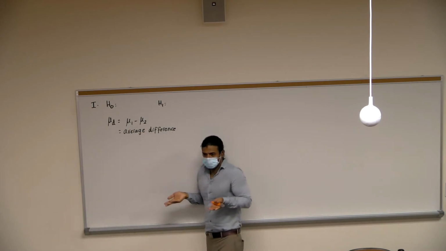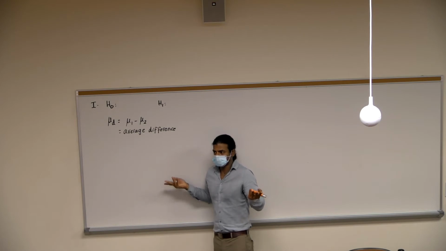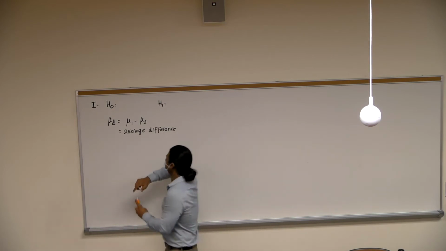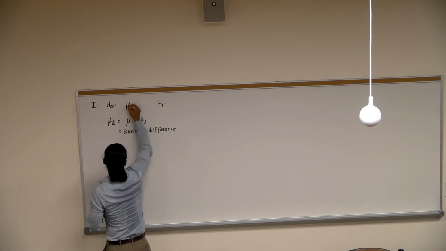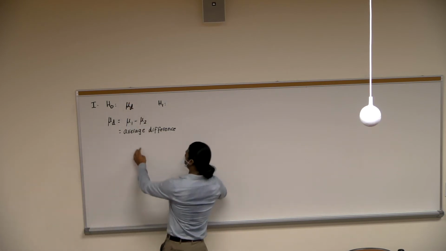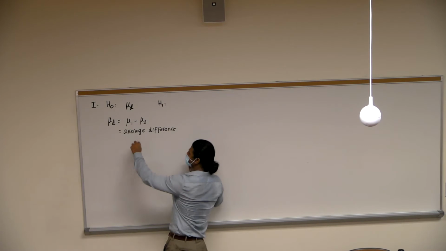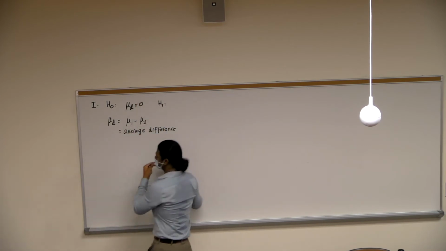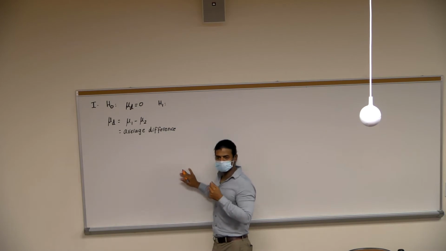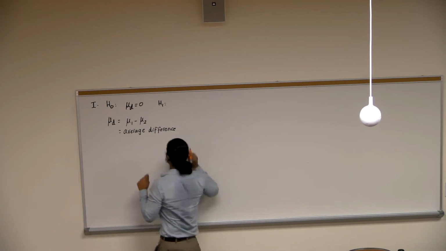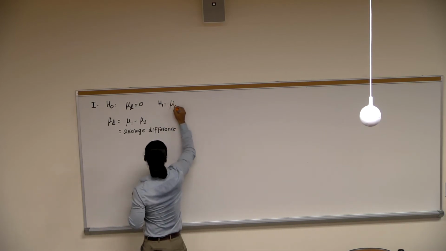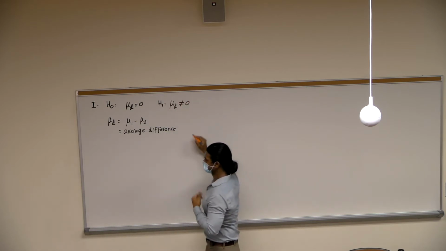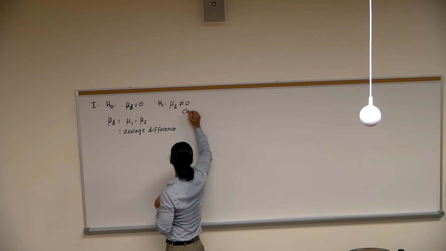I don't have to worry about that in this case because I'm saying it's not equal to, so it doesn't matter. But for the sake of it, we'll call mu1 to be before, mu2 to be after. The null is the average difference is equal to 0. The alternative, the average difference is not equal to 0. And the alternative is our claim.